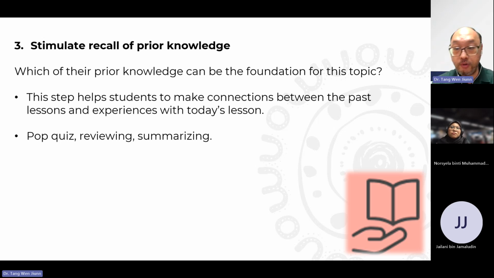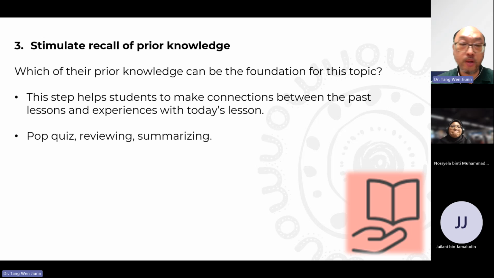Then before you jump straight to today's content, you can do a short exercise to let them recall the memory so that later on they can follow easier. This makes it easy for students to make a connection between the past lesson and today's lesson.